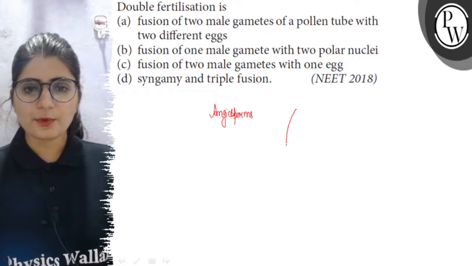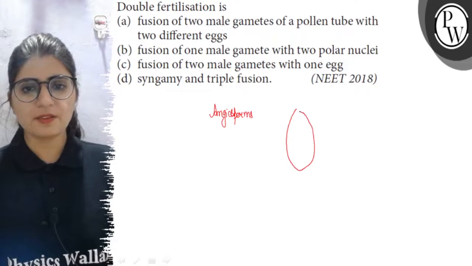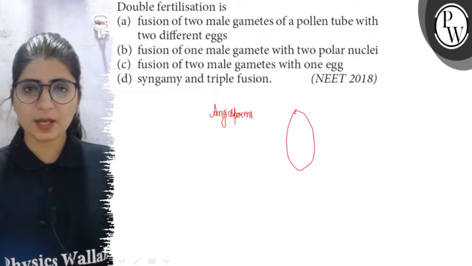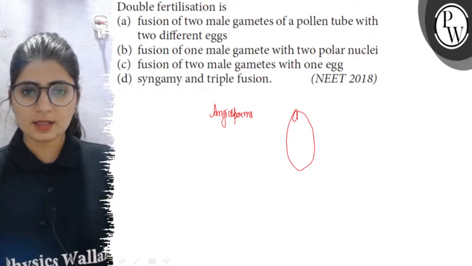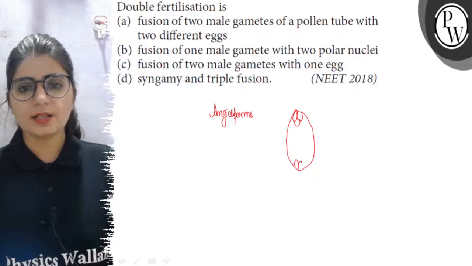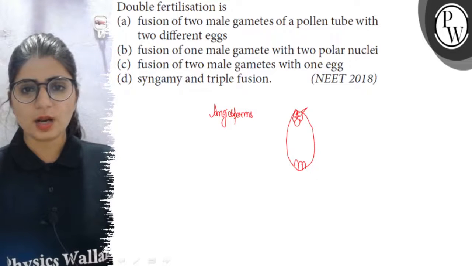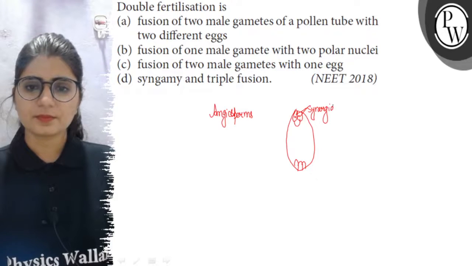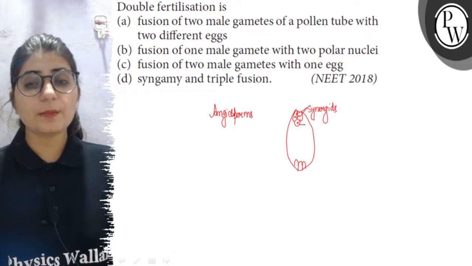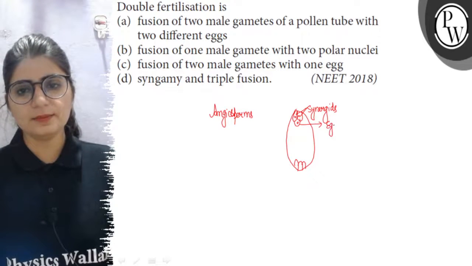There is an embryo sac. It means the female gametophyte where the female gamete is present. It consists of 7 cells and 8 nuclei. So these two are the synergids. This one is the female gamete or the egg cell.